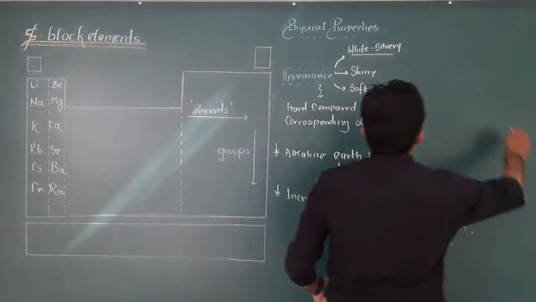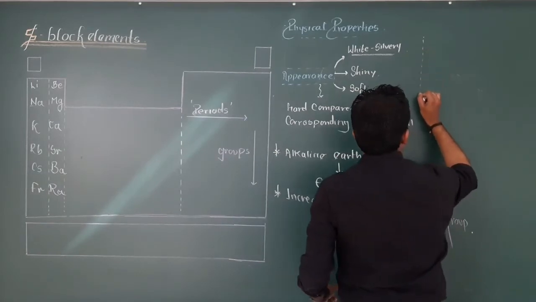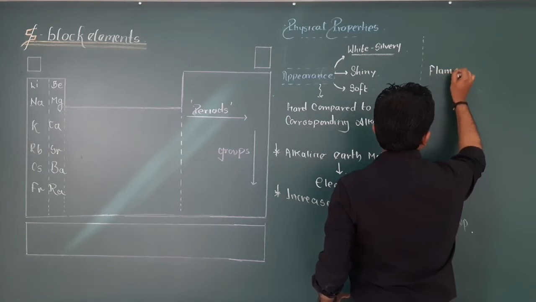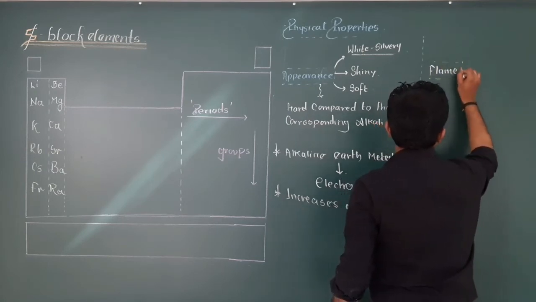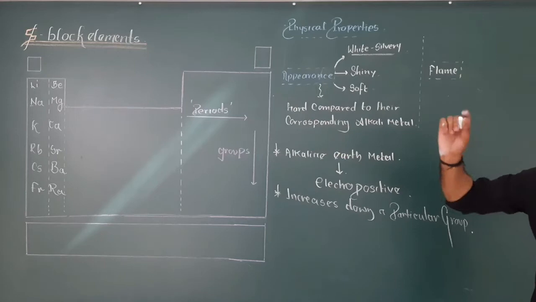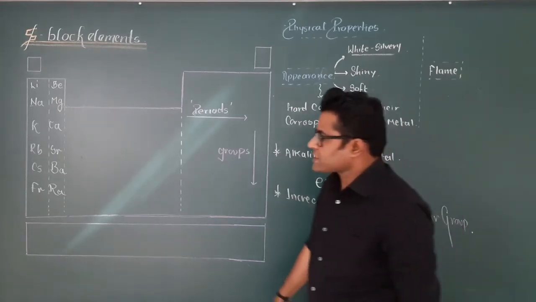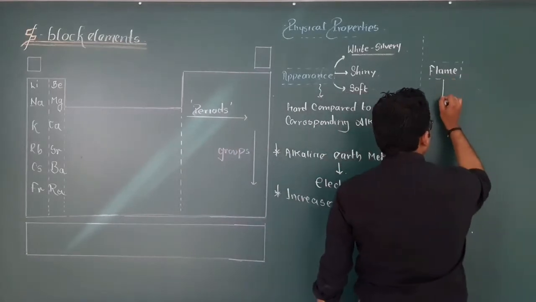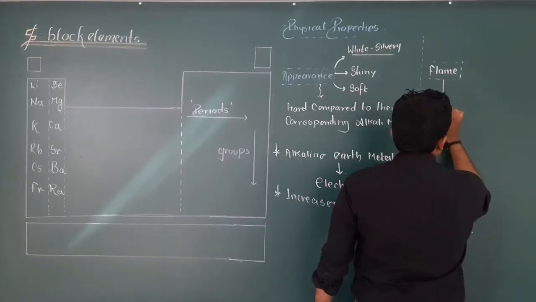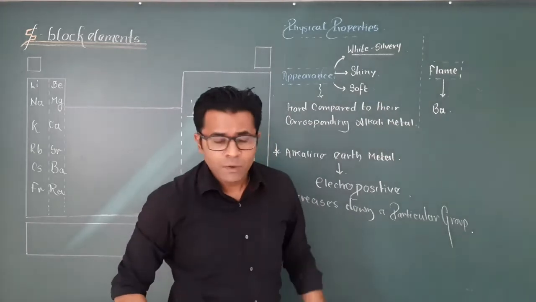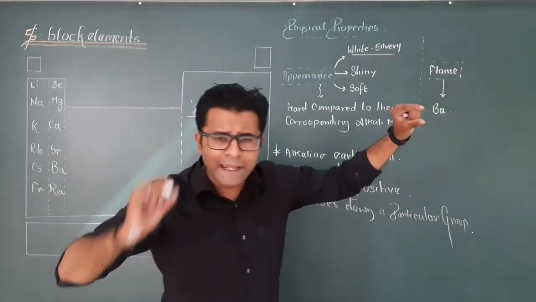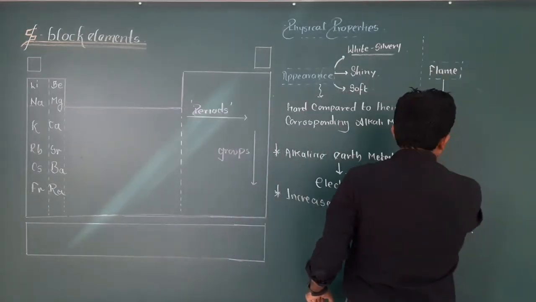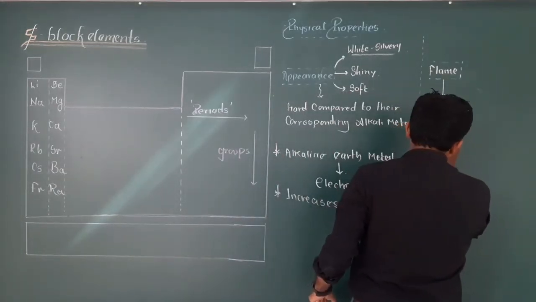Now, when we take a look at the flame test, when you subject these elements to flame, let's discuss first barium. The barium salts, when subjected to flame, give us apple green color.